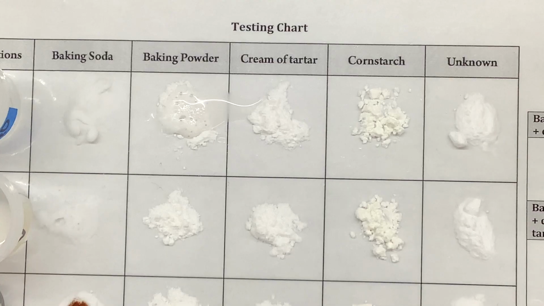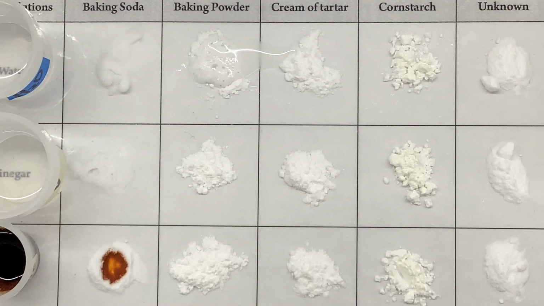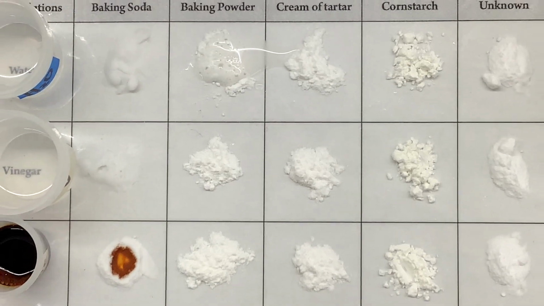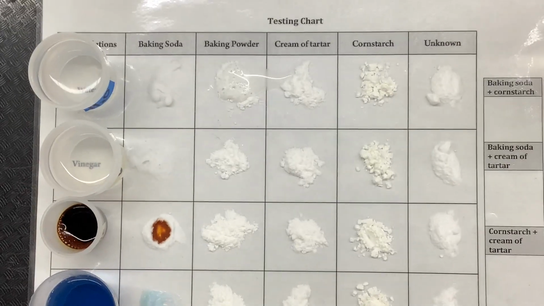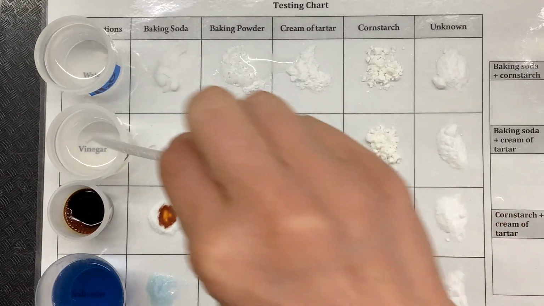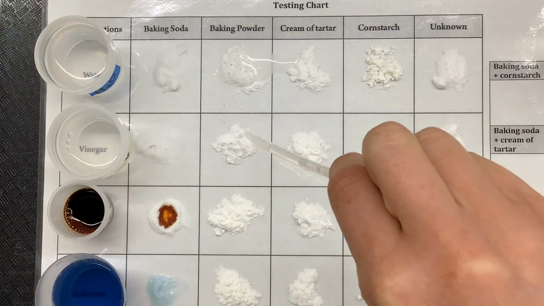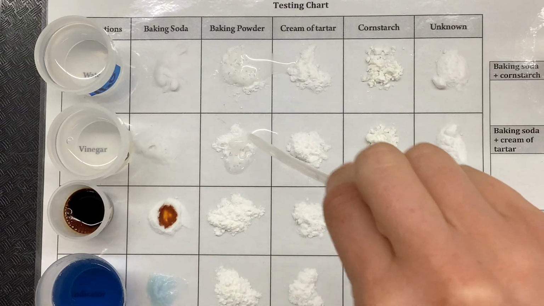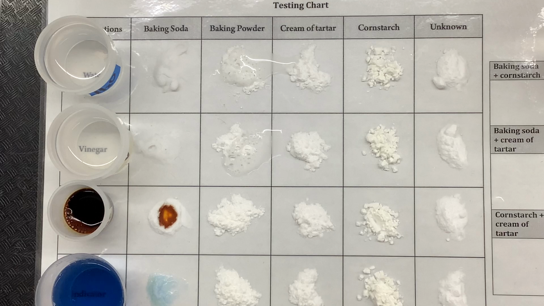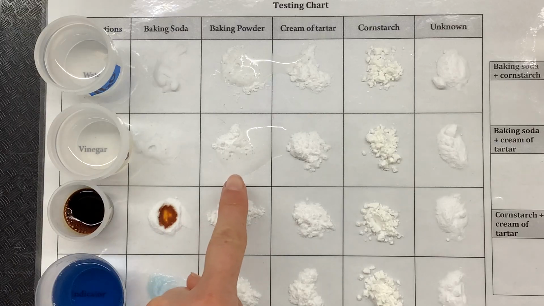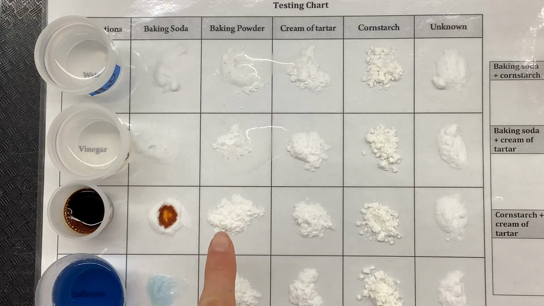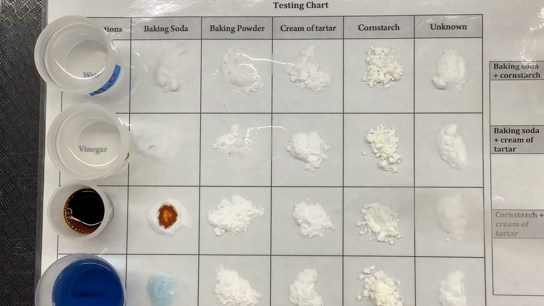Still the white color though. That's baking powder and water. Now let's move to vinegar and baking powder. See what happens. Oh yeah, lots of bubbles forming. Still white color though for vinegar and baking powder right here. Bubbles forming. So record that on your data table.